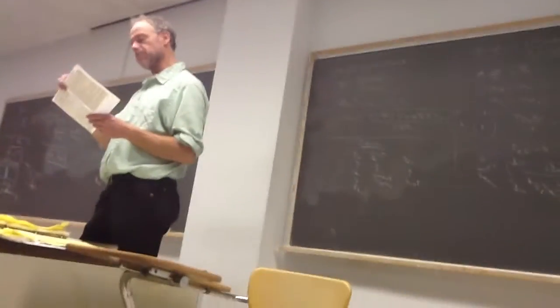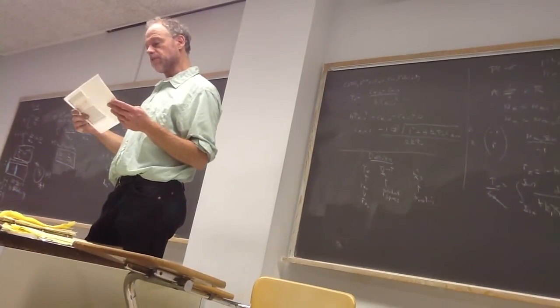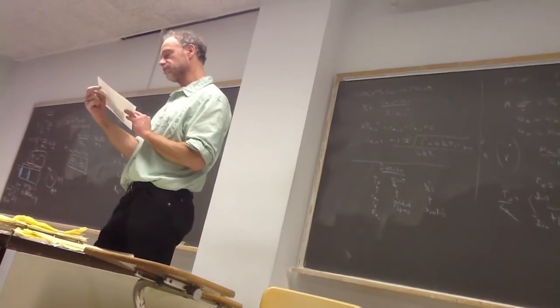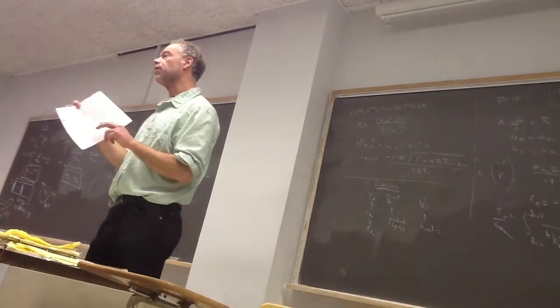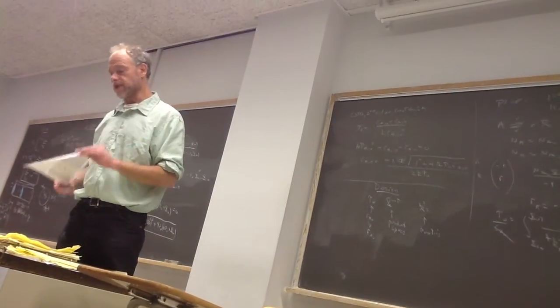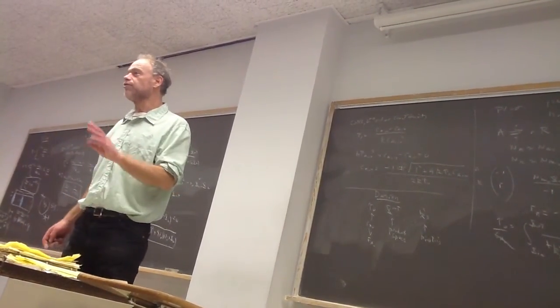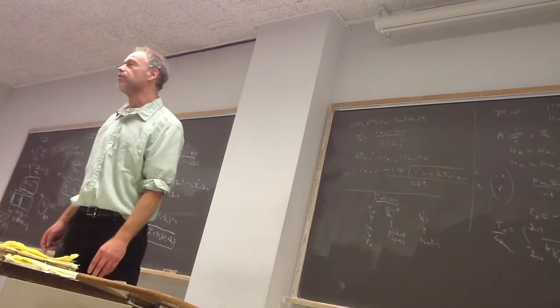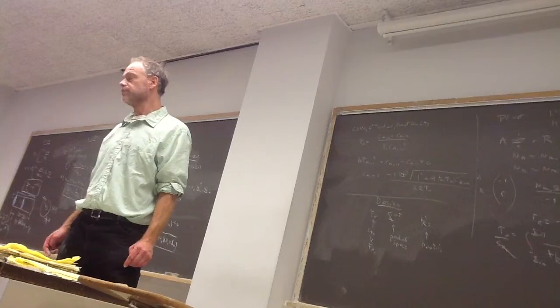There are 10 problems. Why don't we say the first column will be due on Friday? So the first 6 or 7 problems. That way you're forced to look at it before that. Okay, and that's whether you're here or not. If you're not here, make sure you get it.